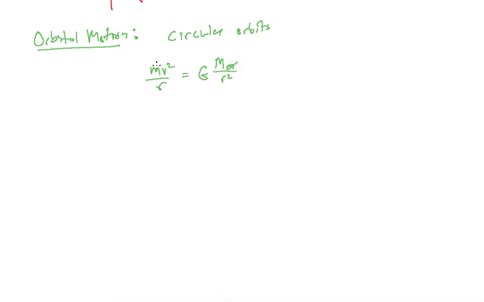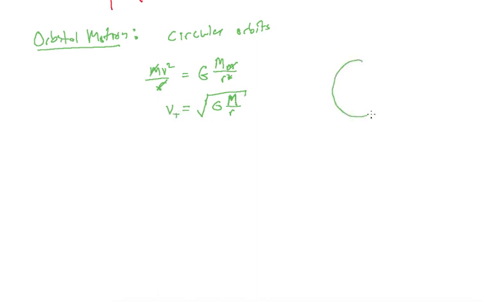The masses cancel, one of the r's cancels, and you're left with, taking the square root, v equals the square root, because we want to get rid of that square, of GM over r, where M is the capital M. And this is actually the tangential velocity.